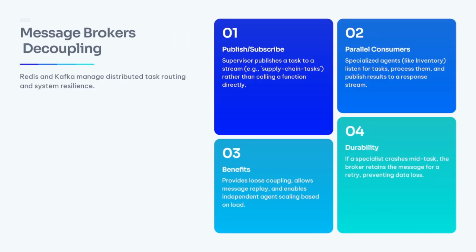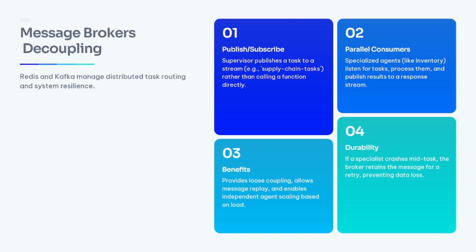Okay. So broker decoupling. This is another layer of communication. So Redis, Kafka manage distributed task routing and system resilience. So PubSub, one agent publishes, another subscribes. Parallel consumers, all agents just queue for tasks and collect tasks concurrently.